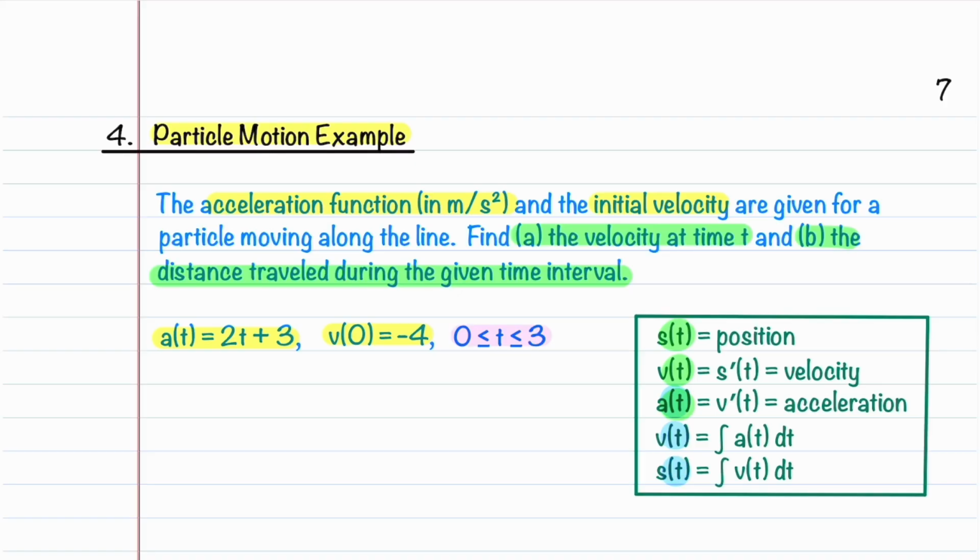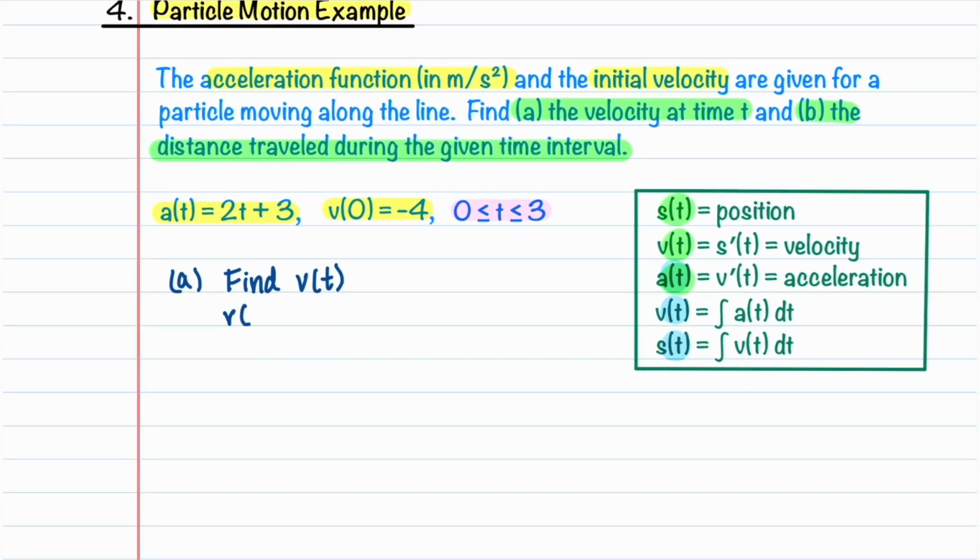And that's what we're going to do in this problem. We want to start with part A, finding the velocity at time t. So let's just write down, we're going to find v of t. V of t is the integral of our acceleration function, a of t.